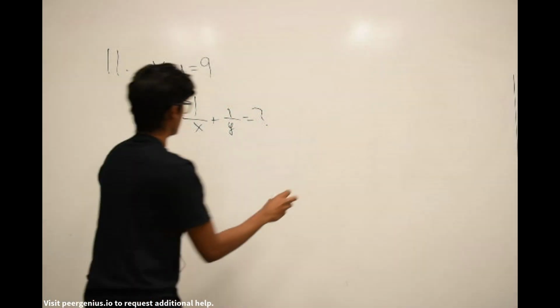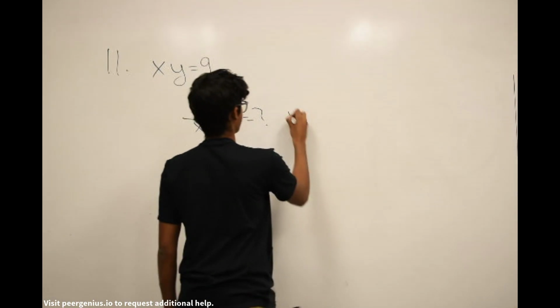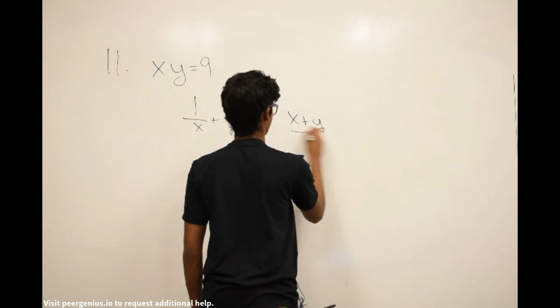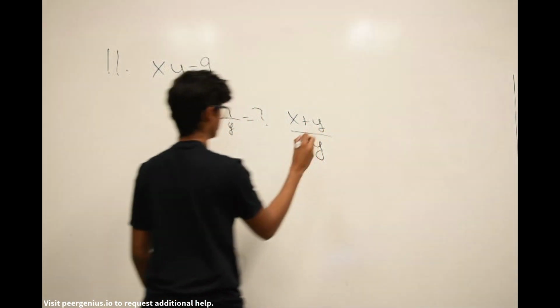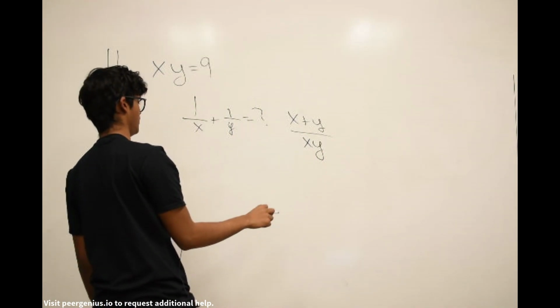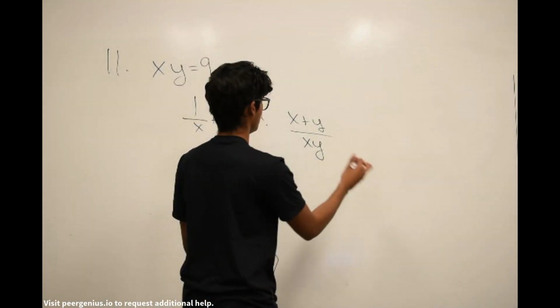So you can write 1 over x plus 1 over y as x plus y over xy, just taking a common denominator.